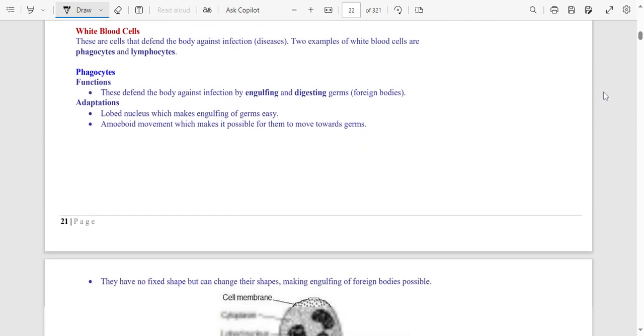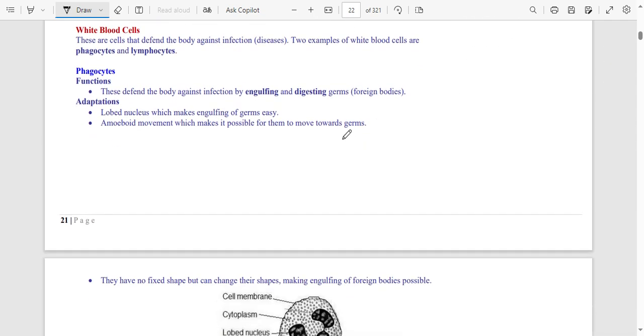The other types of specialized cells are white blood cells, also known as leukocytes. Now, white blood cells are involved in fighting infections or diseases, and they do their function in two ways.